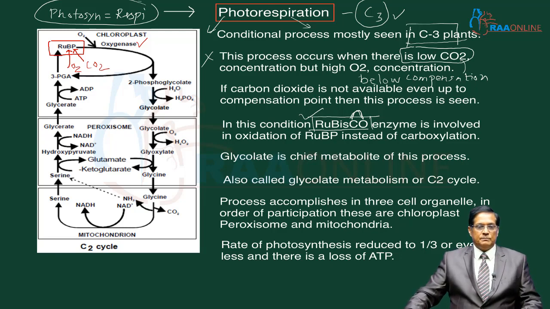In photorespiration process, chief metabolite glycolic acid is formed, or glycolate, a C2 compound.